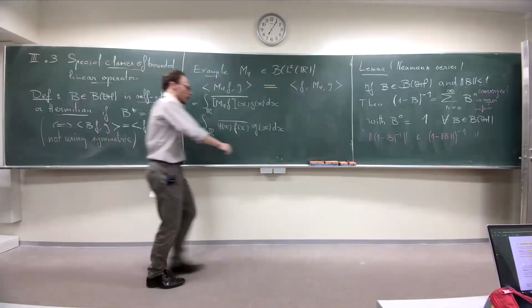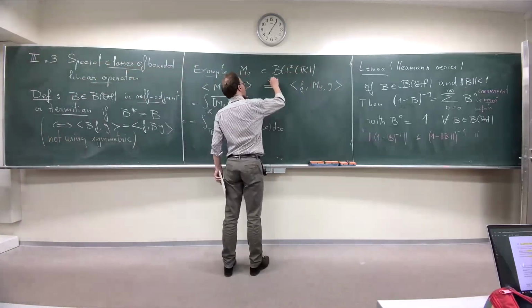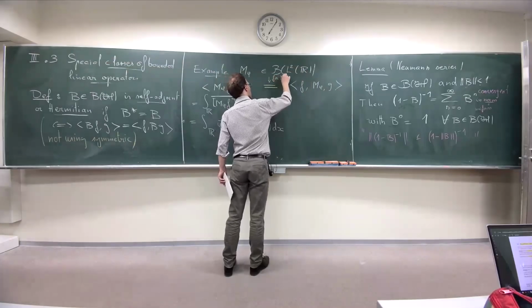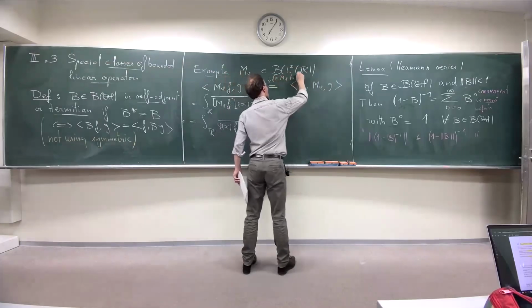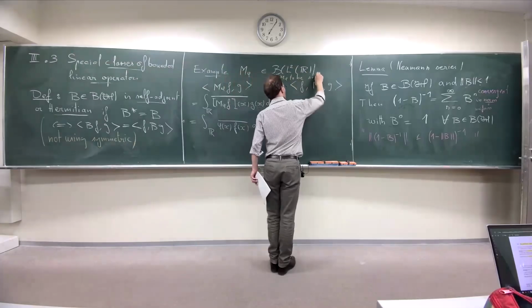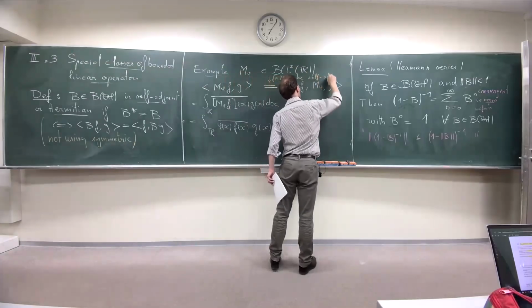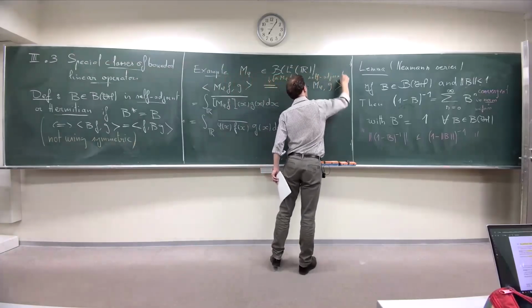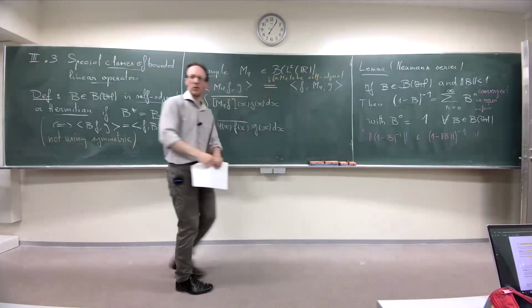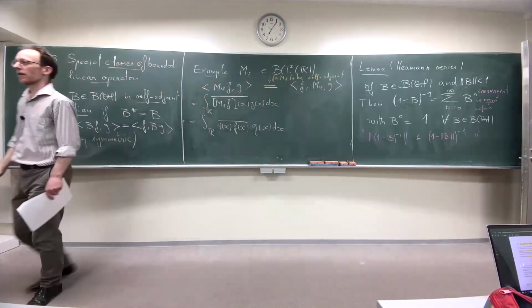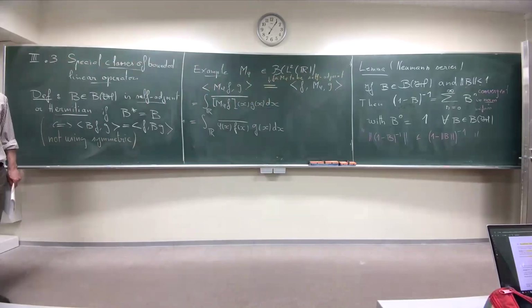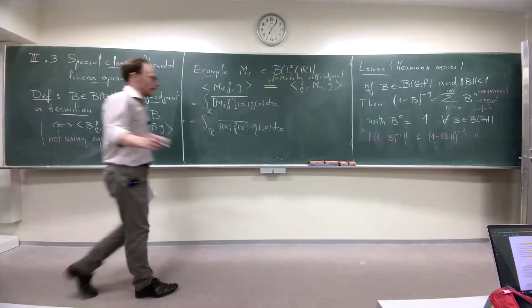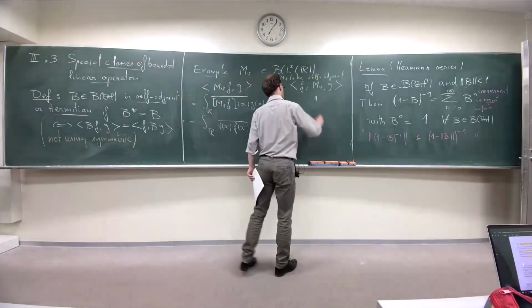So I impose this for M phi to be self-adjoint. What is the condition on phi? Can you guess what is the condition on phi? The same as taking the conjugate on the other function. Yes, I guess it's correct.